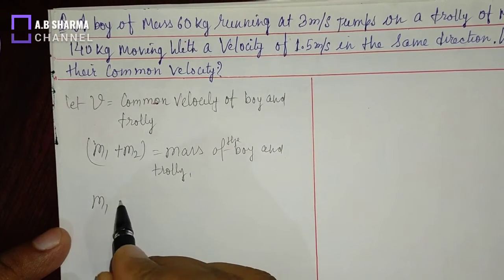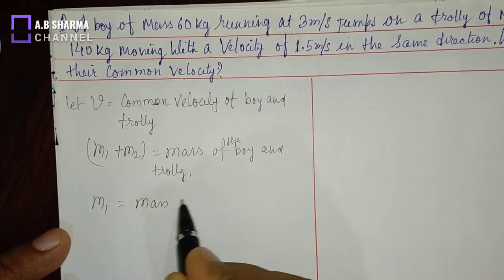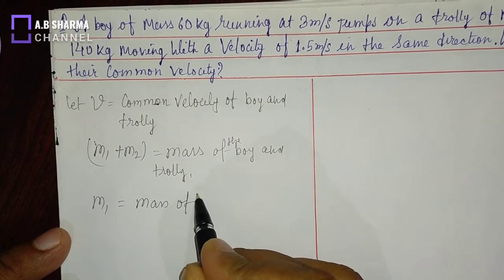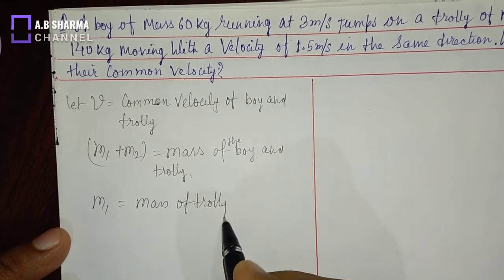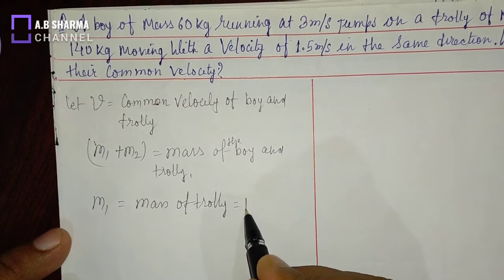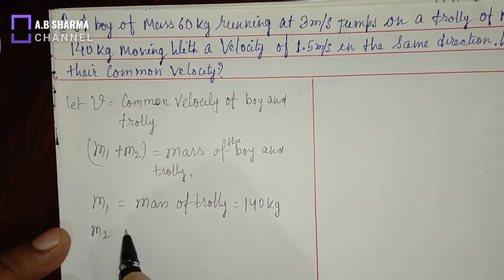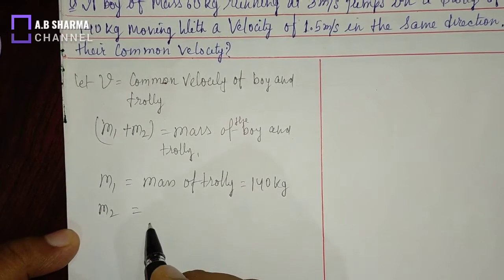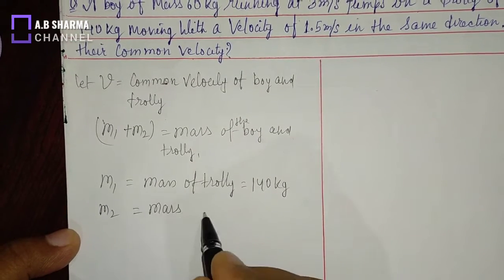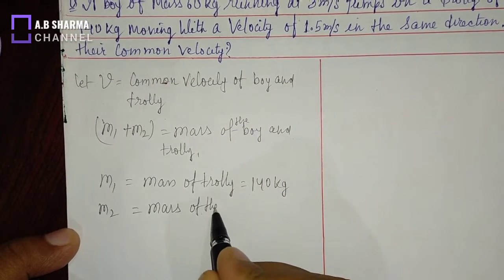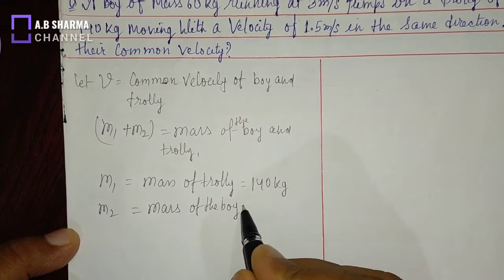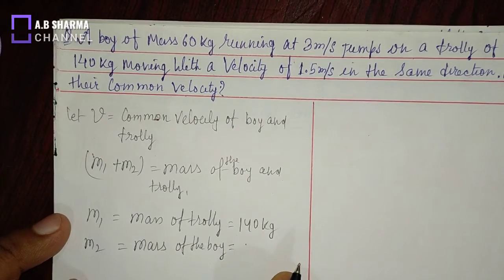M1 is the mass of the trolley, which is given as 140 kg. M2 is the mass of the boy, which is given as 60 kg.